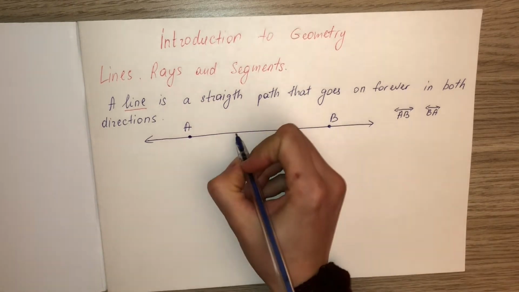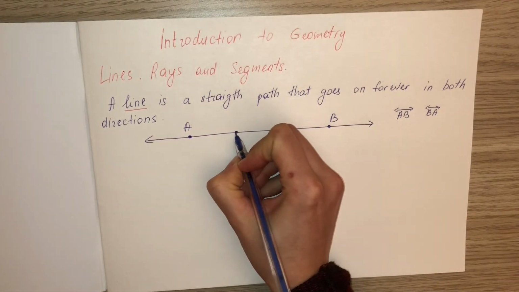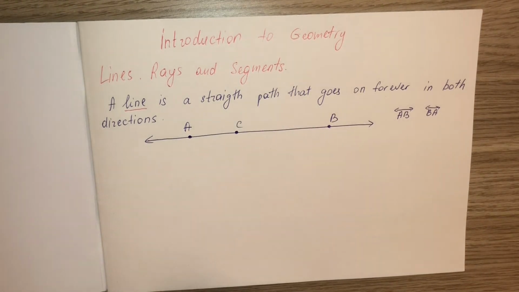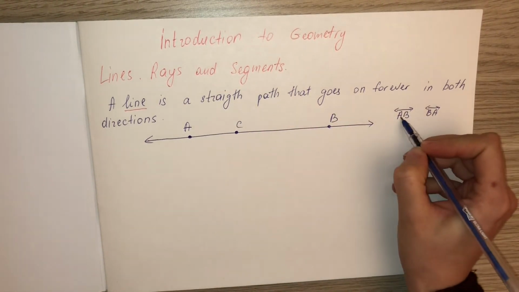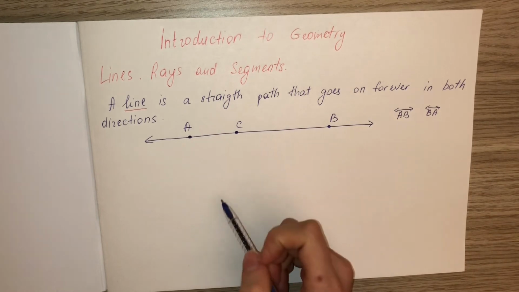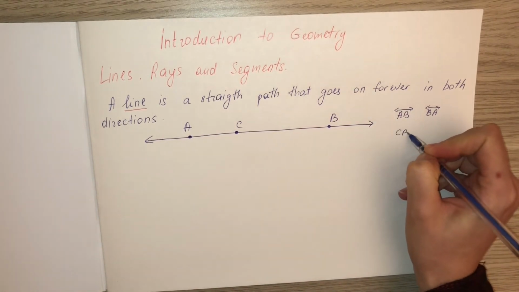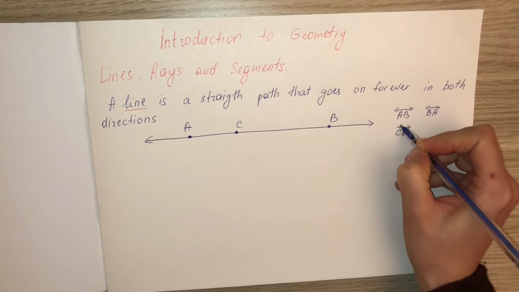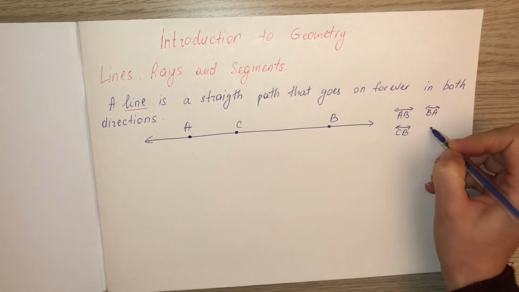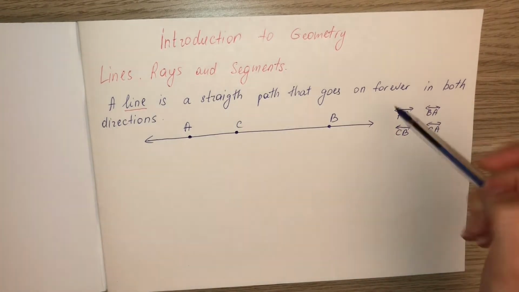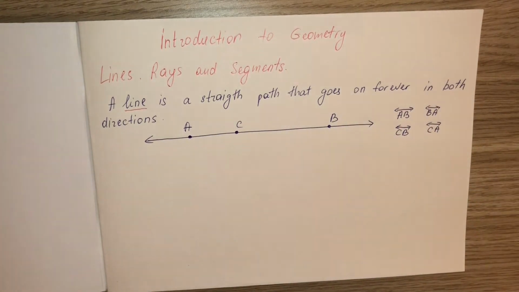Or if we put a third point on this line, we can name it either AB, BA, CB, or CA, and so on. All of these notations are true.